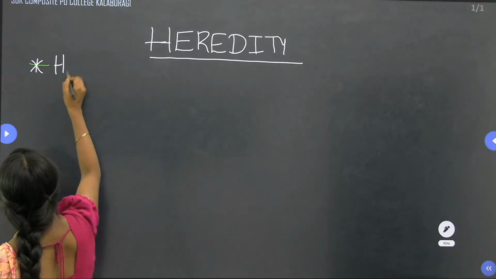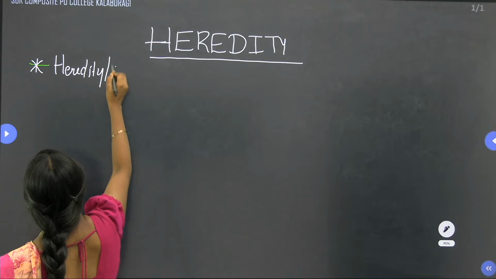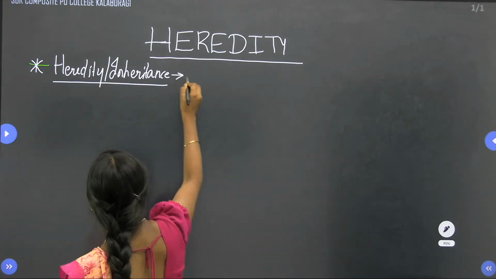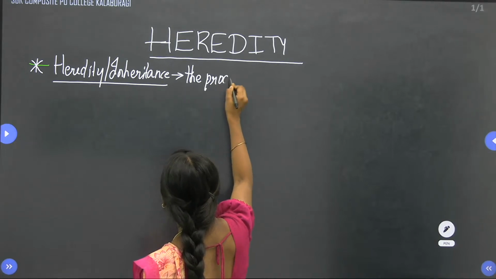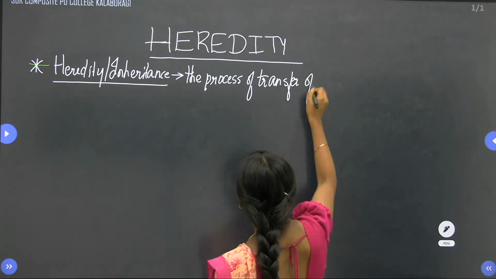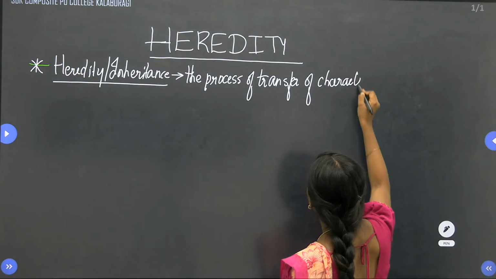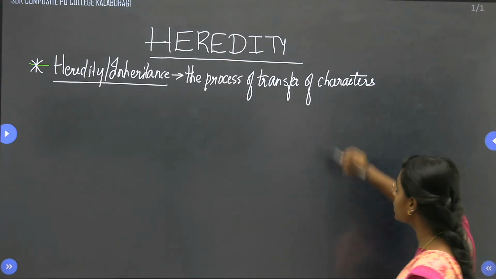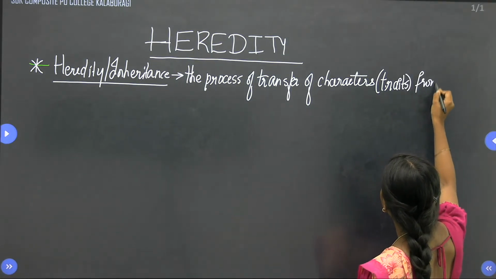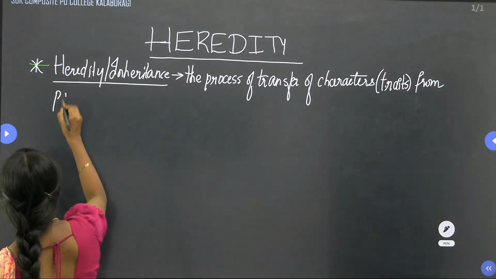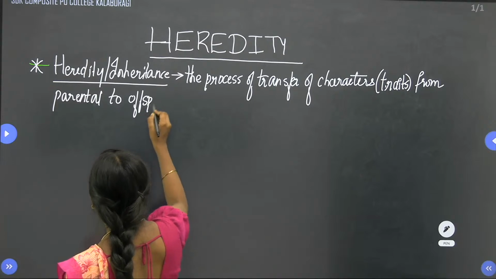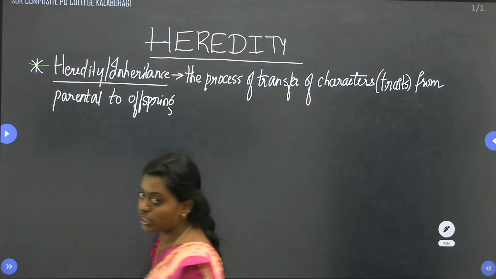So heredity or inheritance means the process of transfer of characters, also termed as traits, from parental to offspring or next generation individuals.